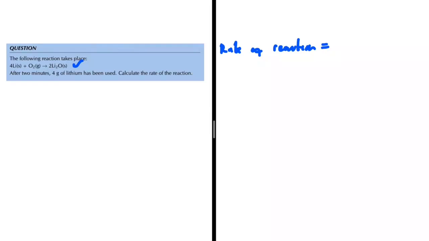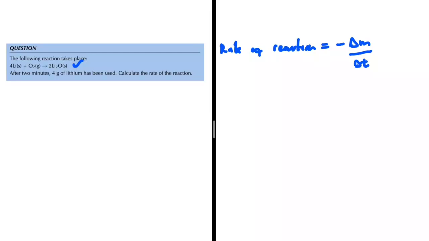Because lithium is the reactant, the rate of reaction is equal to minus the change in the mass of lithium divided by the change in time. Why is there a minus sign? I'm putting that minus sign because you're calculating the rate of reaction using the reactant, so the change in mass will be negative. When I put the negative sign there, it ensures that my answer will be positive.